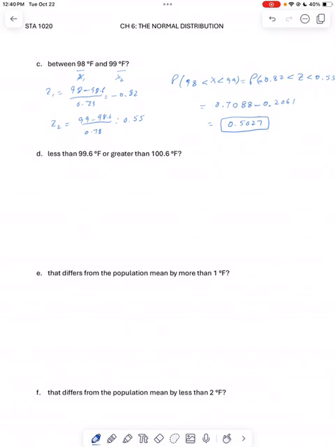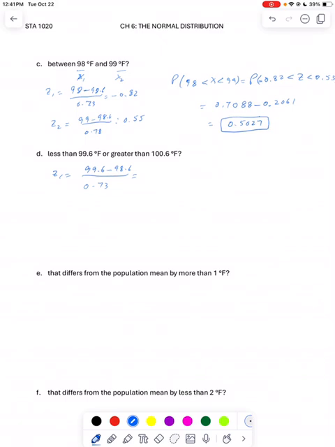So z1 will be equal to 99.6 minus 98.6, all divided by 0.73. And what will that give you?